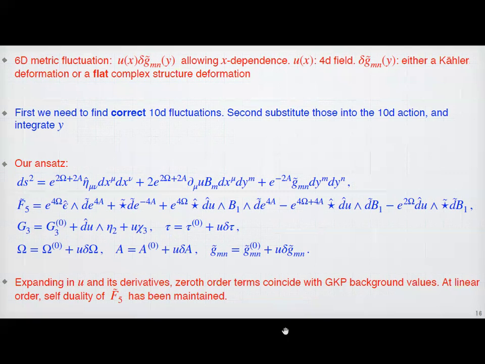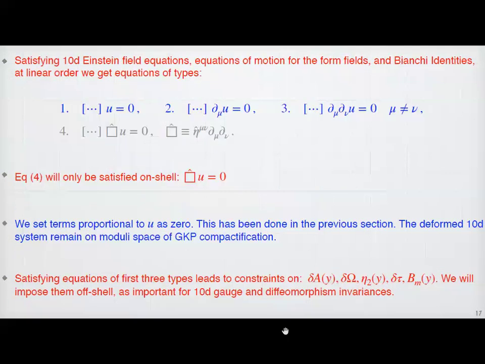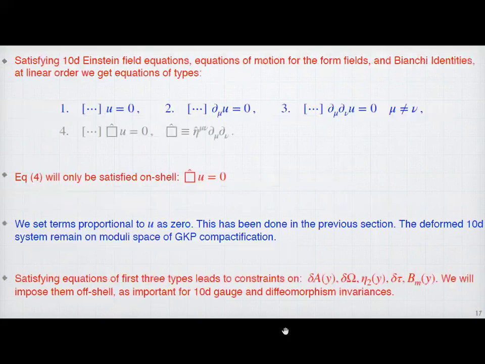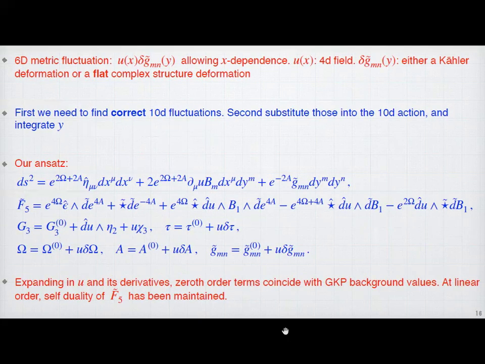Otherwise, they are arbitrary functions, and you can't integrate arbitrary functions. But if we have these functions known, they satisfy certain equations because of this, and then we can plug them into the action and integrate over y because the functions are now known. So that's what I mean: these fluctuations are not arbitrary, they satisfy certain equations. Therefore, we know those functions and we can, in principle, integrate them to get the potential.